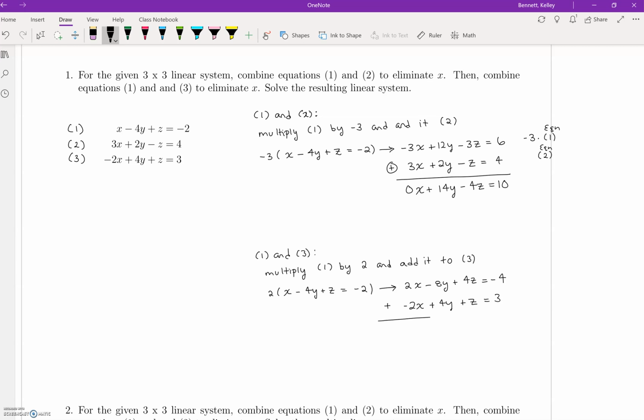So if I go ahead and add these guys, I get 0x again, which was the intention, so we're on the right track. My y's, I have -4y. I have 5z, and that all needs to equal -1.